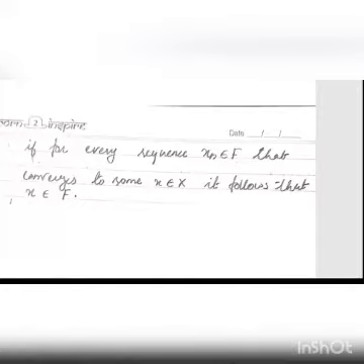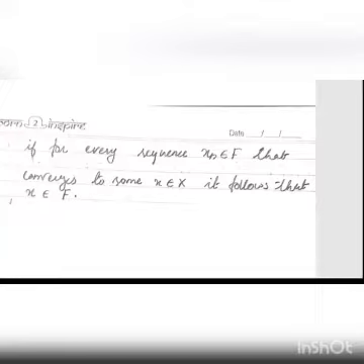Limit points means if x is a limit point, then there exists a sequence xn in X such that the sequence xn converges to x. That's the definition of a limit point. In terms of sequences, this definition says that F contains all its limit points, which means F is closed.